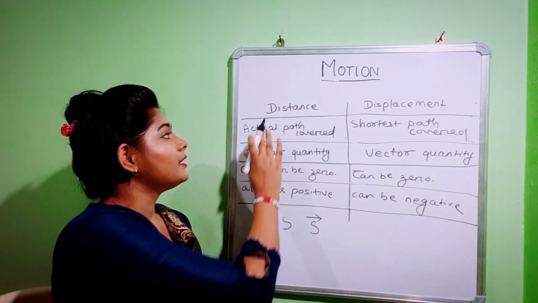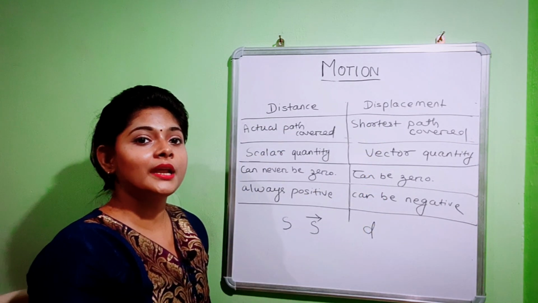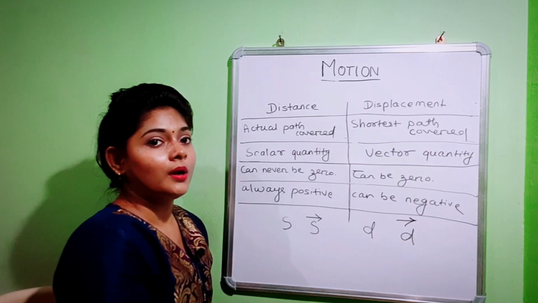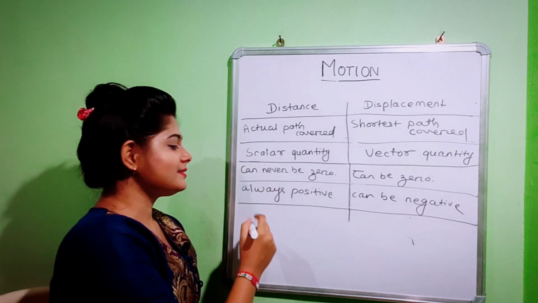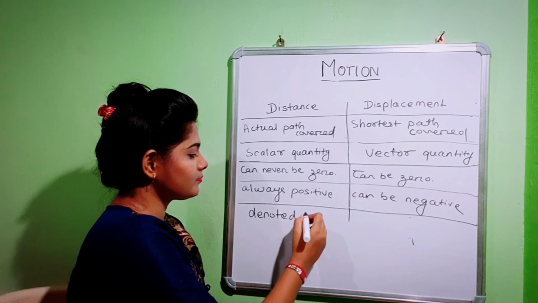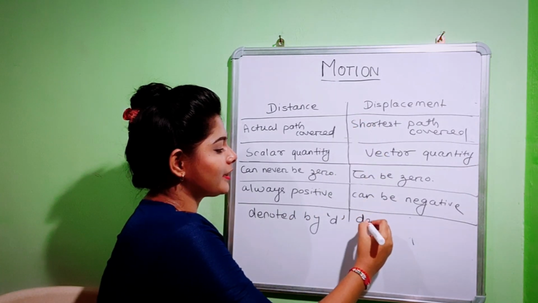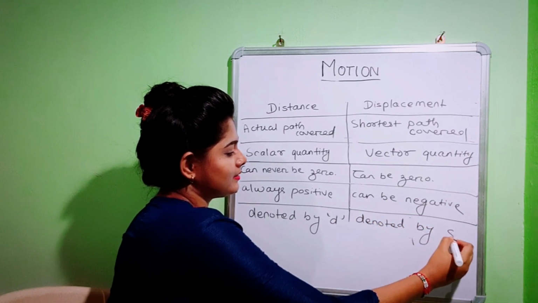And if distance is denoted by D and displacement is also written as D, then there will be an arrow mark above that also. But we use D for distance and S for displacement.